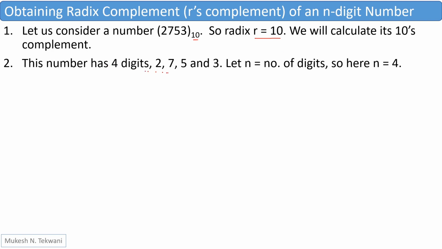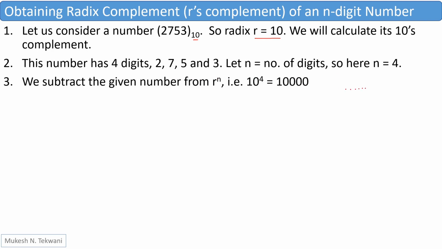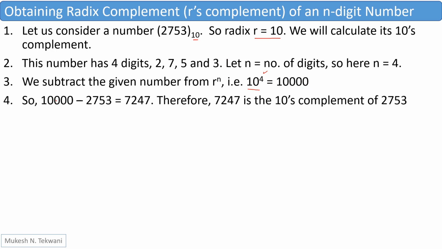Since the number has 4 digits, n is 4, and we subtract this number 2753 from r raised to n, that is 10 raised to 4, which is 10,000. So 10,000 minus 2753 is 7247, and this 7247 is the tens complement of 2753.